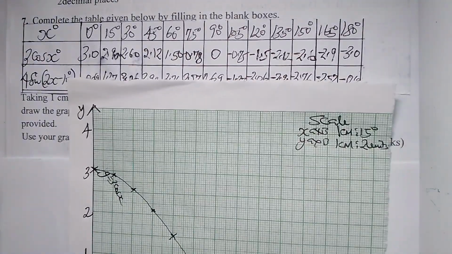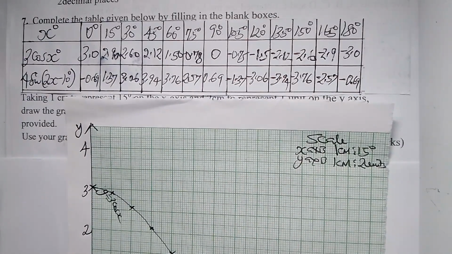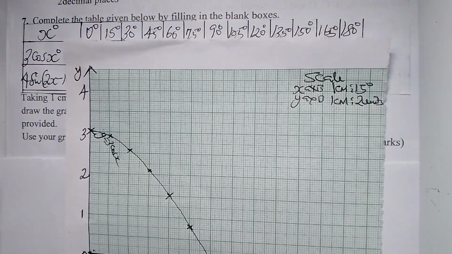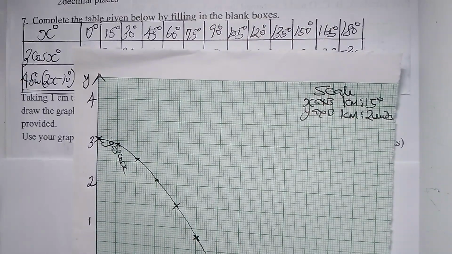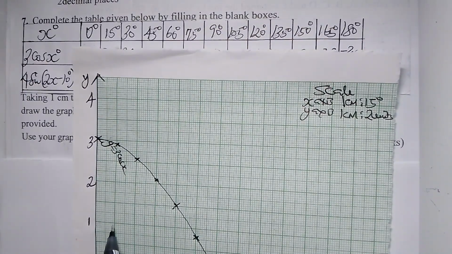When x is 15, y is 1.37, approximately 1.4. 1.4 will be 2 small squares below 1.5.